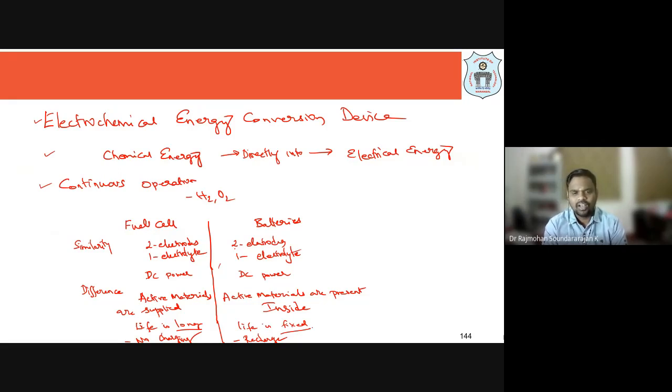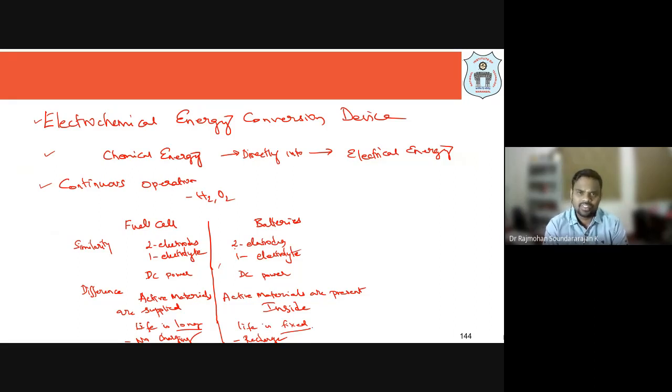What is the similarity between a fuel cell and a battery? Like a battery, a fuel cell also contains 2 electrodes and 1 electrolyte, and it also generates DC power. And what is the difference?